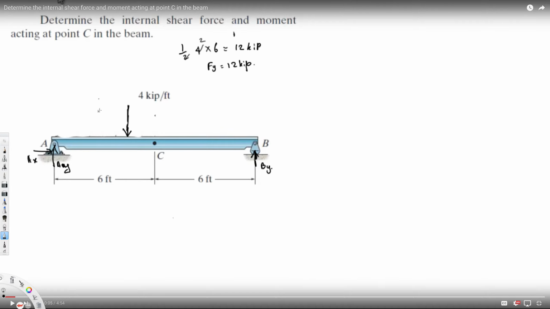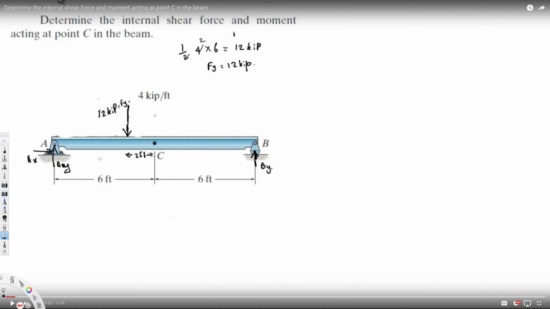So this is going to be 12 kilopascal. Let's say Fy equals 12, and if it's 1/3, the distance is going to be 4 feet from here. So we say this is the 1/3 distance. From now I can calculate By.